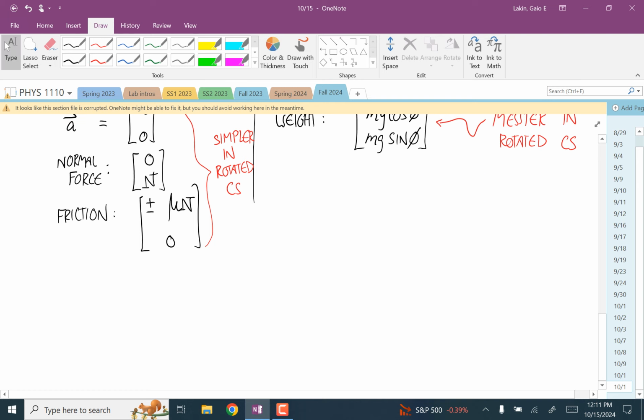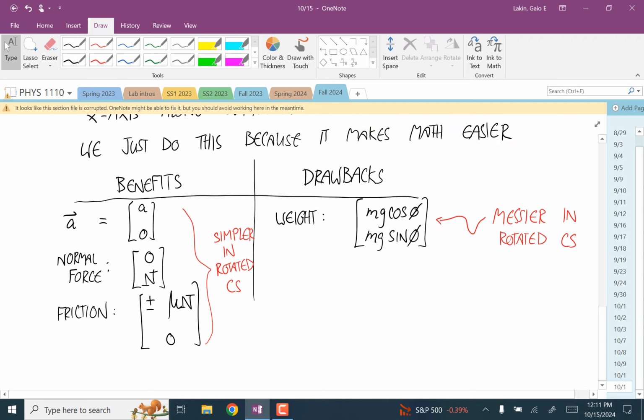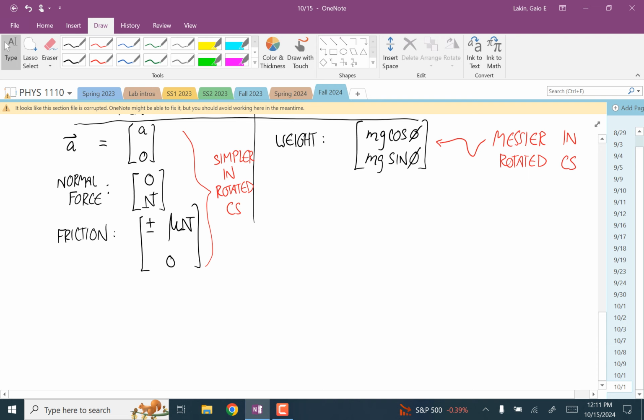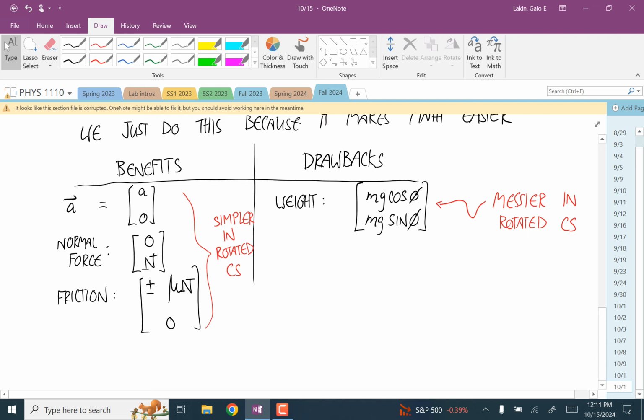Okay. Anybody have any questions about this? So this hopefully convinces you, like, okay, this is worth doing. We don't want to think about all these angles. We'll just instead think about this one angle.